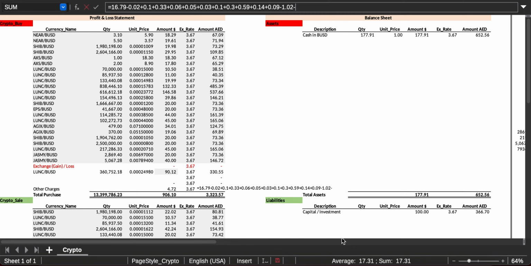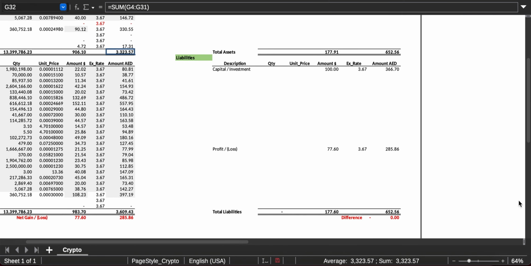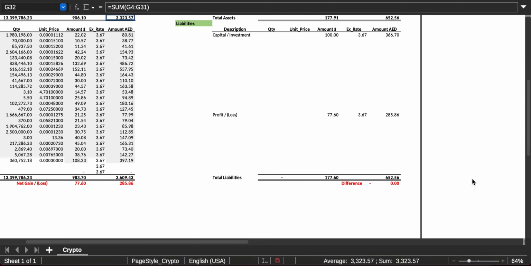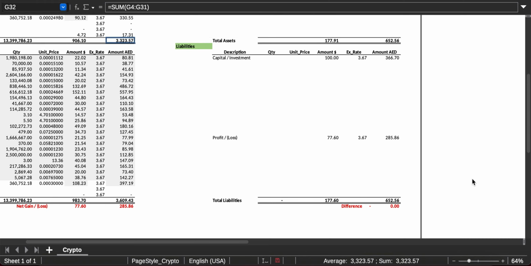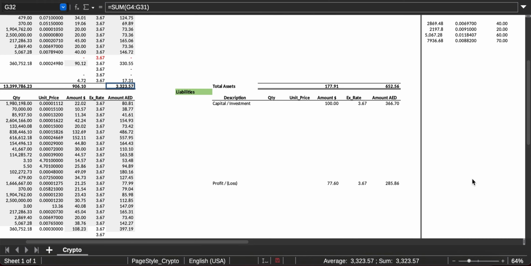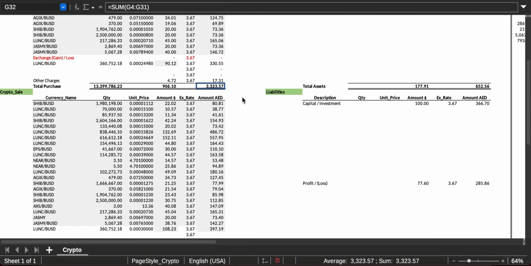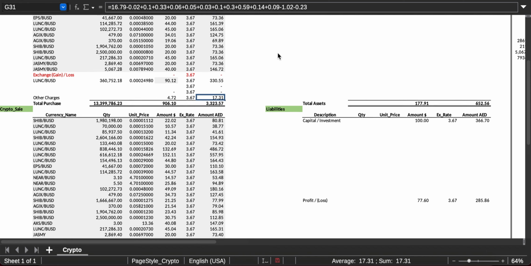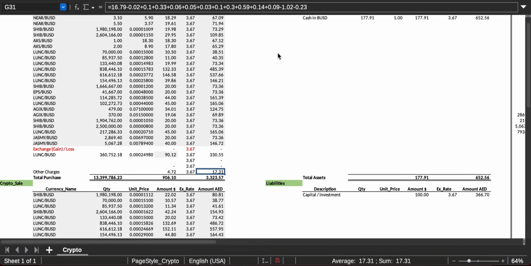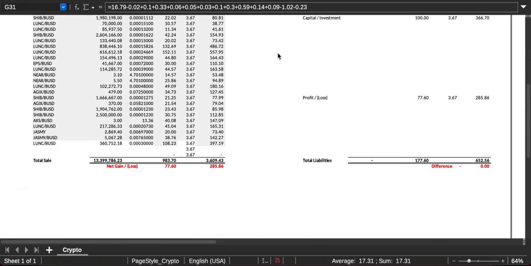We will use the sign accordingly to remove this difference, because this is a little difference from currency exchange and decimal differences. So you will remove this difference by adding or reducing it in the other charges. Finally, this is the way we can maintain our crypto record in Excel.